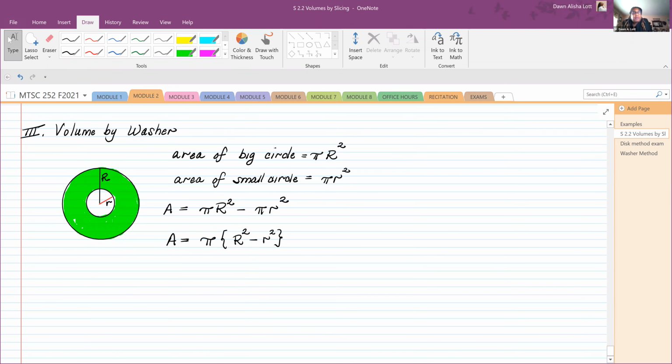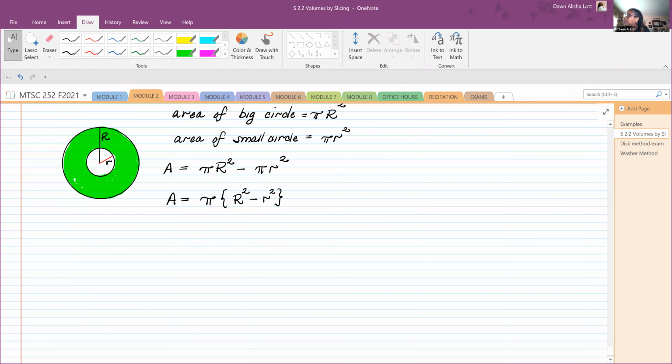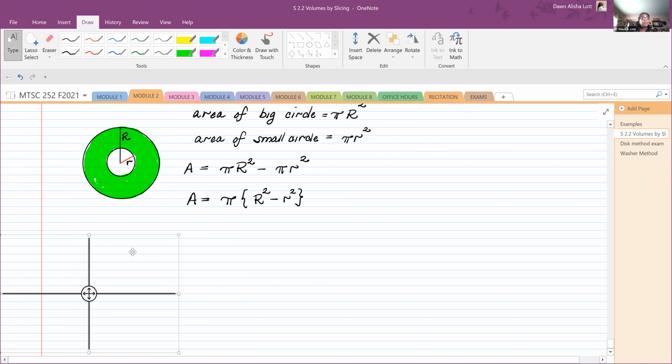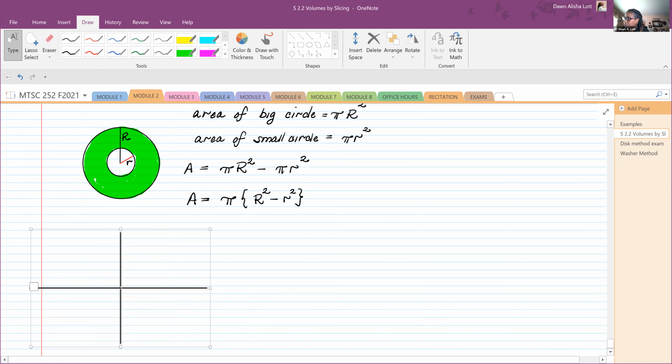Okay, so now if that's the cross-sectional area of our solid, then that's what we're going to have to use. So here's the problem. I'm going to have two functions.